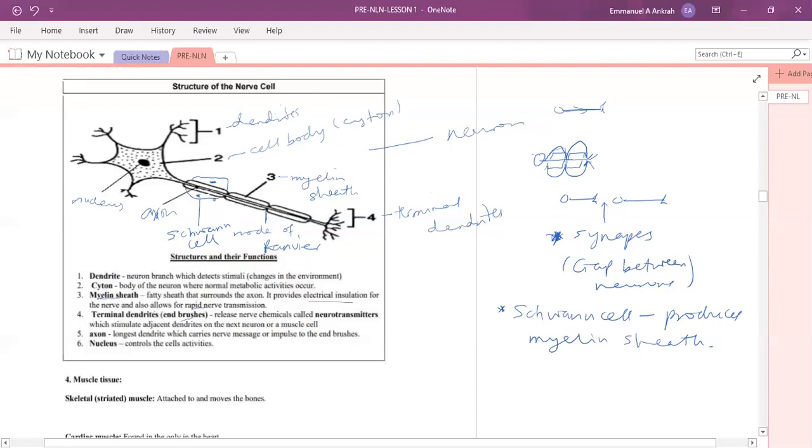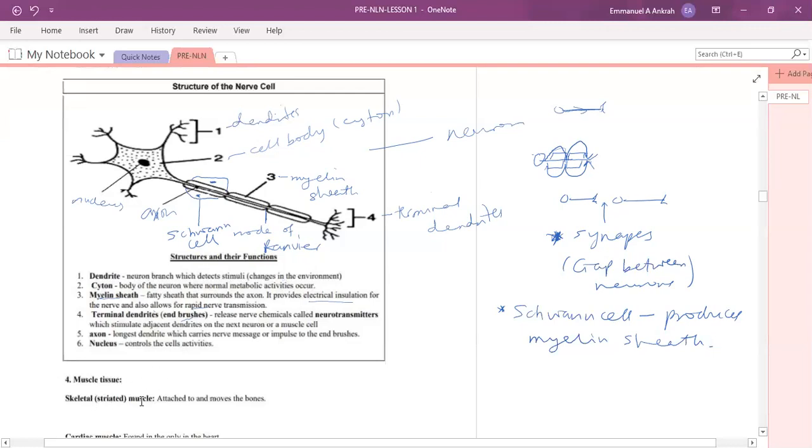So it's around the myelin over here. All right, so this is the basic structure of the neuron that you should know. So if they give a diagram and they number them, you should identify what each part does.